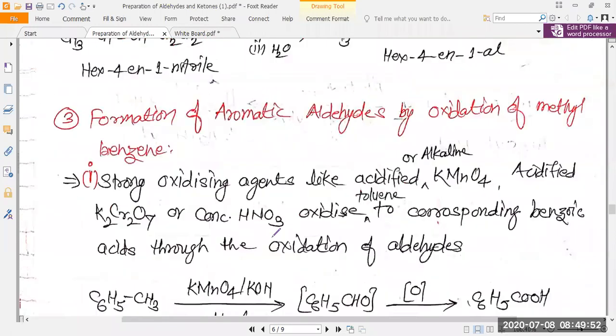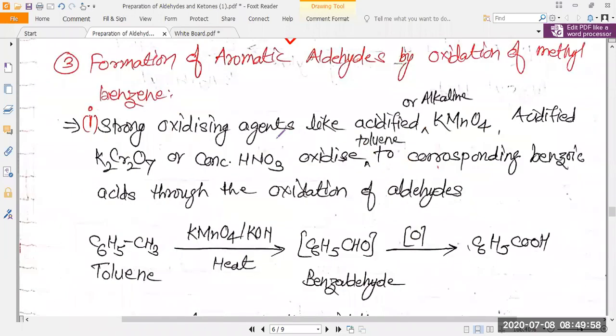Next is formation of aromatic aldehyde by oxidation of methyl benzene. Upon oxidation of an aromatic hydrocarbon, we get benzaldehyde, and the aldehyde again further oxidizes into carboxylic acid.